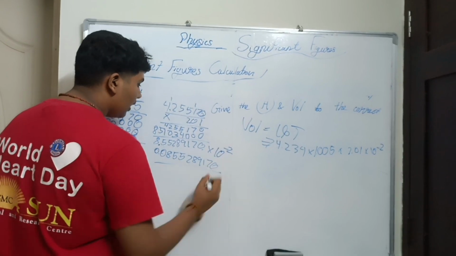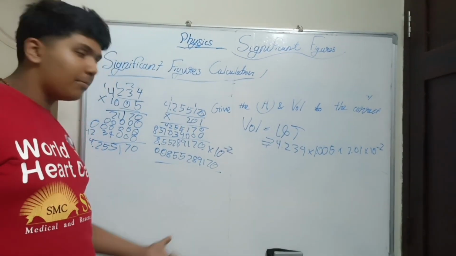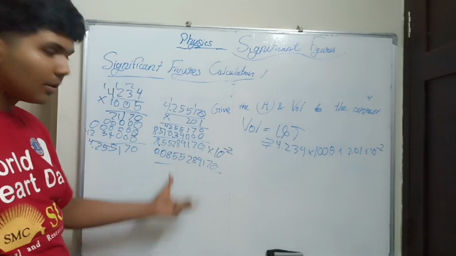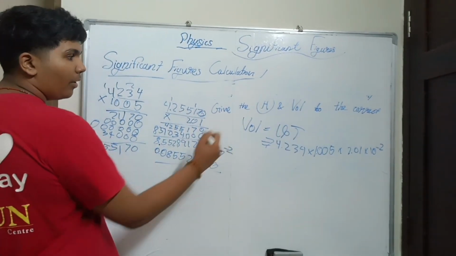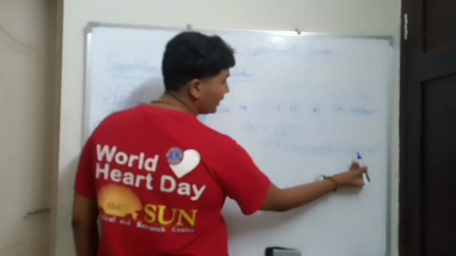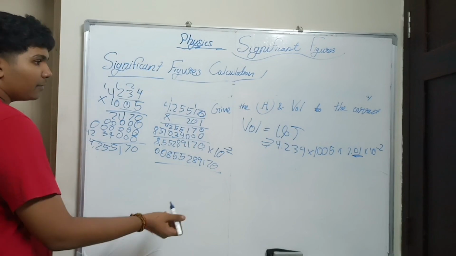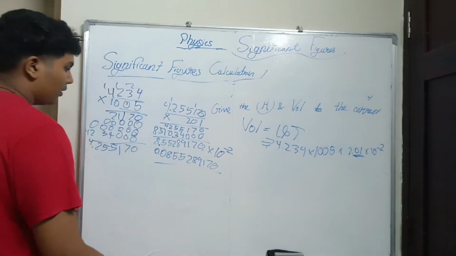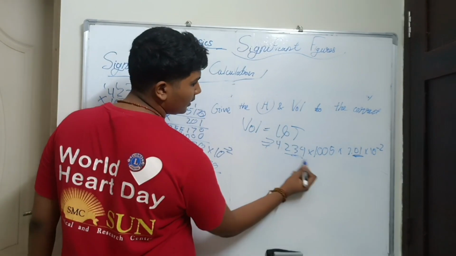So what do you get? 0.0855289170. But do we really need this big number as our answer in meter cube? No, right? We have to round them off. What is the least number of significant figures? The least one? These two, so round them off up to 3, right?